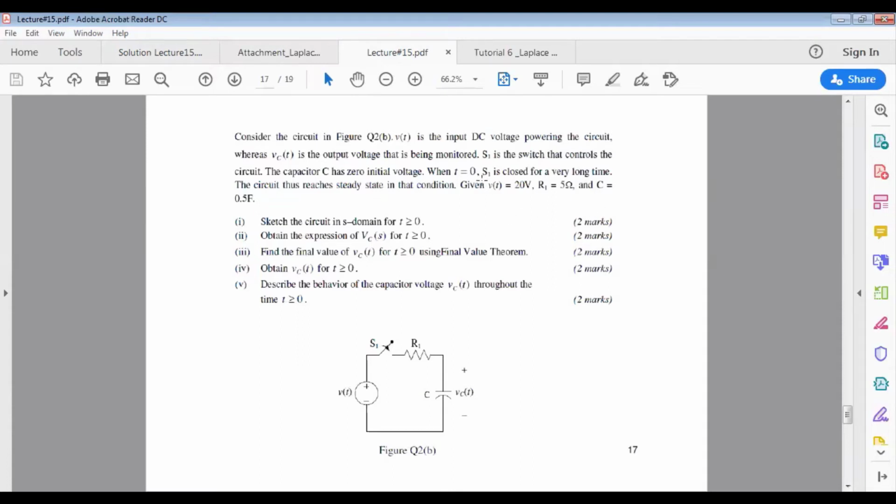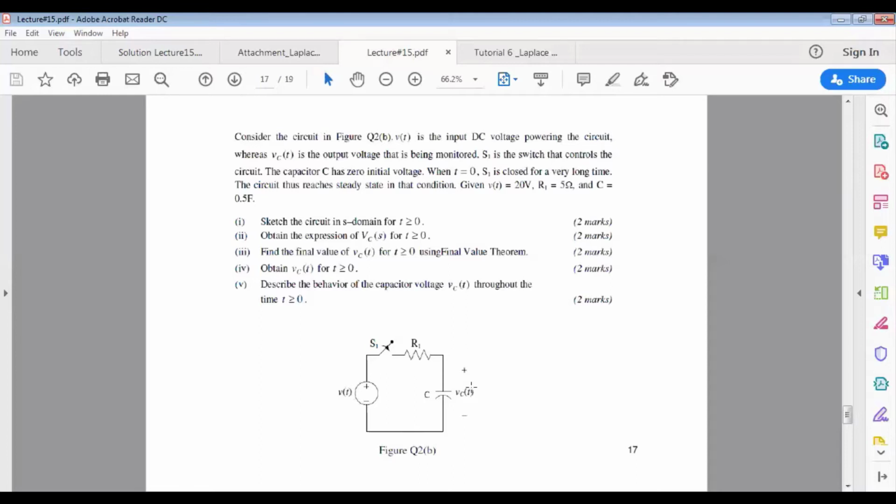When t is bigger than or equal to 0, the switch is turned on, and the circuit reaches the steady state condition. We are given that V(t) is 20 volts, R1 is 5 ohm, and capacitor C is 0.5 farad.